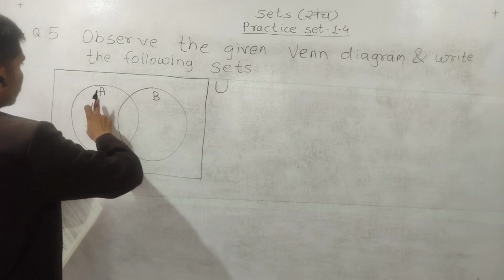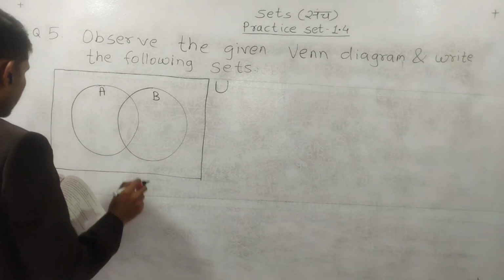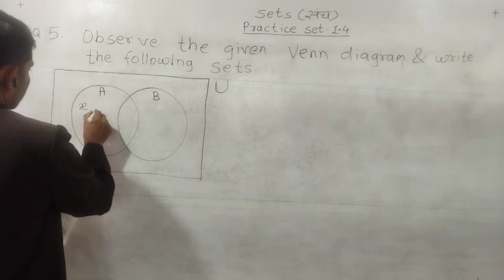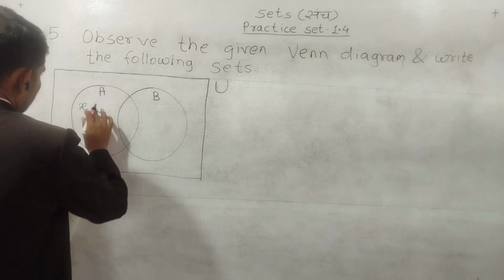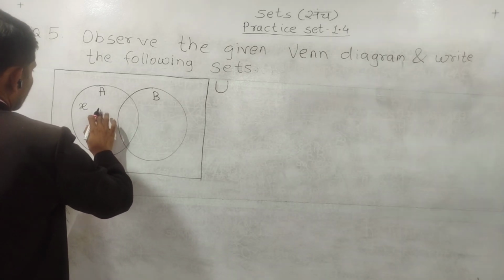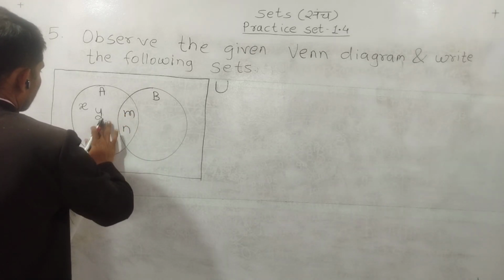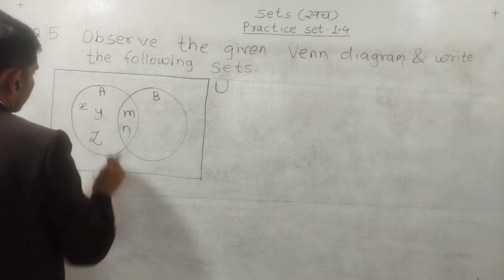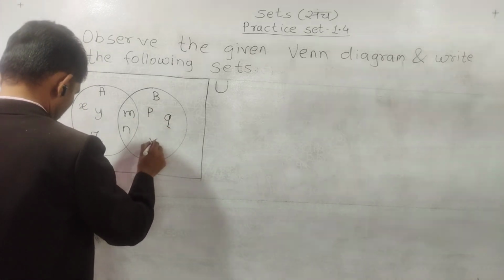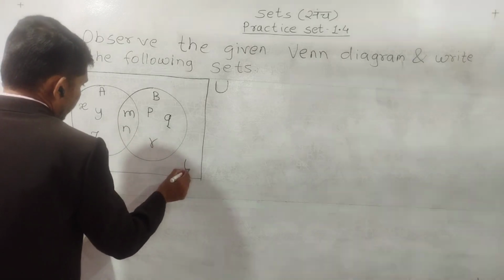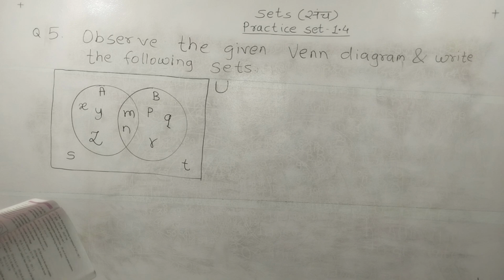This one is the universal set, this one is the set A, and this one is the set B. Okay, so we will write down the elements of each set: x, y, z, m, n, p, q, r, s, and t. These are the elements of this set A, B, and the universal set.